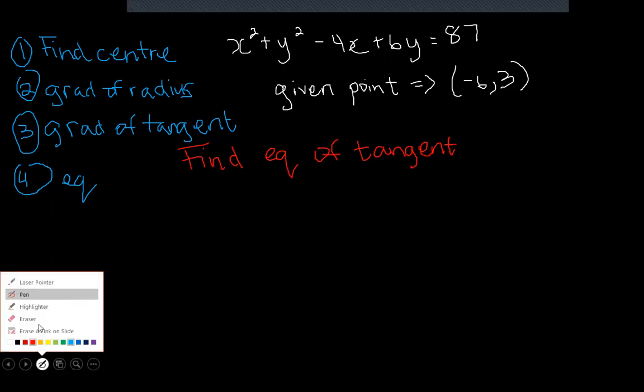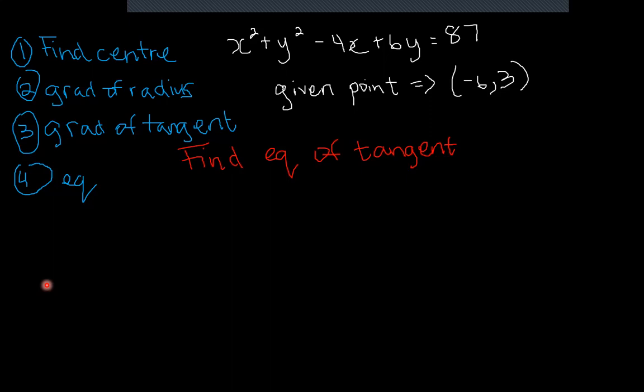So remember, for any question you're given, the first thing you want to do is write down all the information they gave you. They told us that the equation of the circle is x squared plus y squared minus 4x plus 6y is equal to 87. They also gave us this point, (-6, 3), and they said that the tangent passes through this point.